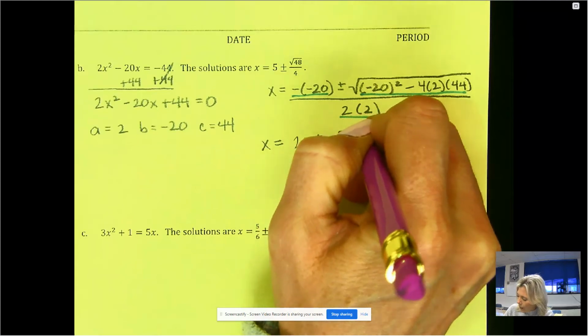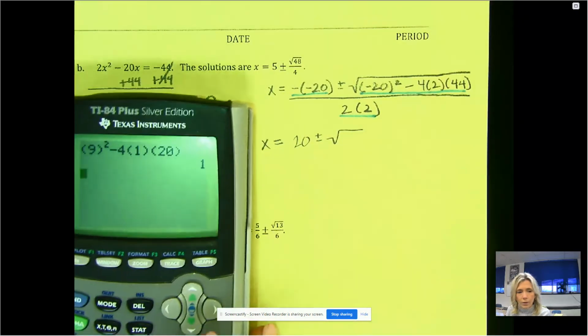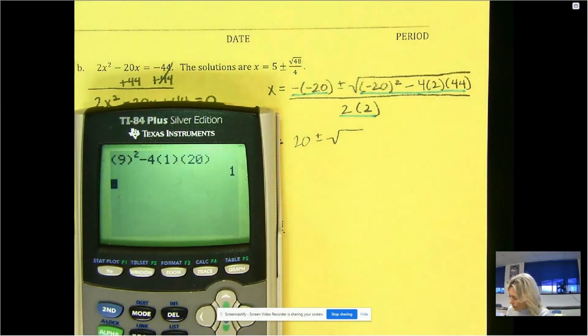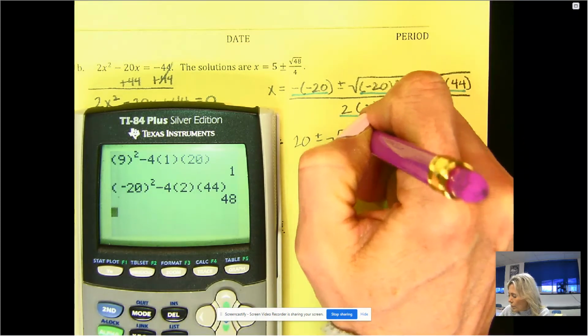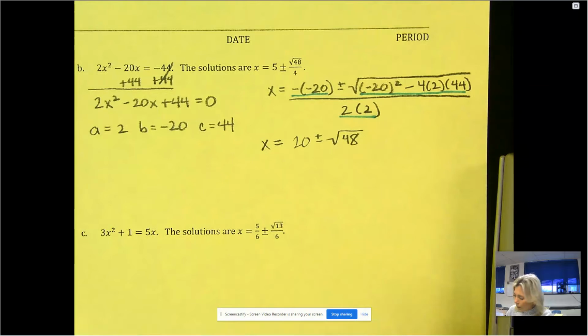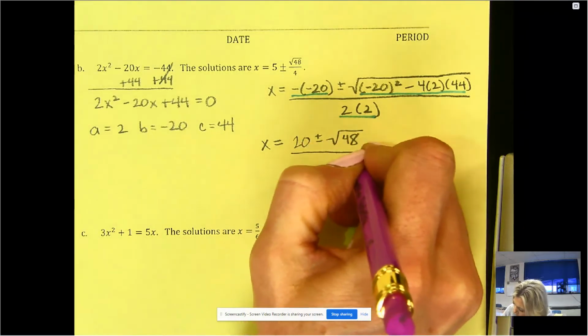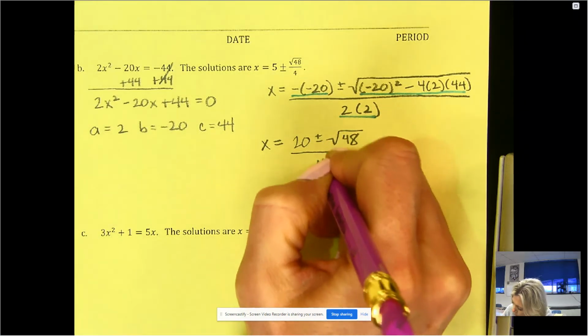Then I will calculate the number under the square root: negative 20 squared minus 4 times 2 times 44. Notice I didn't use the square root. It equals 48, so I'm going to put a 48 under the square root there. And then divide by 2 times 2, which is 4.